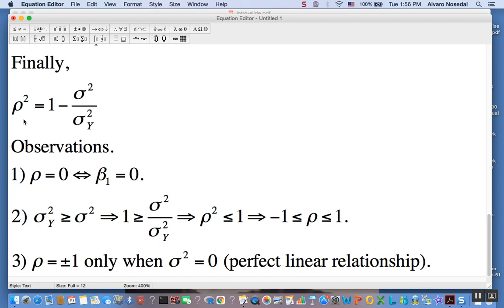And the closer this guy rho is to 1 or -1, the closer you are going to be to having a perfect linear relationship. Okay, so we will see in another video how rho square will be useful to come up with a measure of the strength of a linear association in the context of simple linear regressions. Okay, so that's it for now.